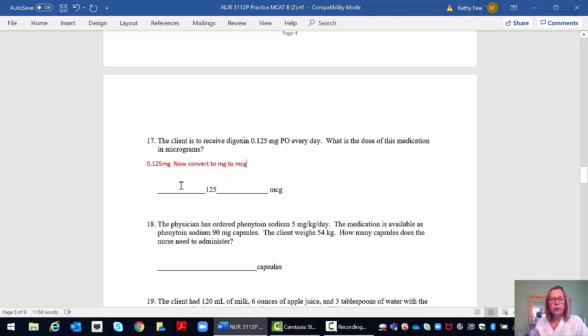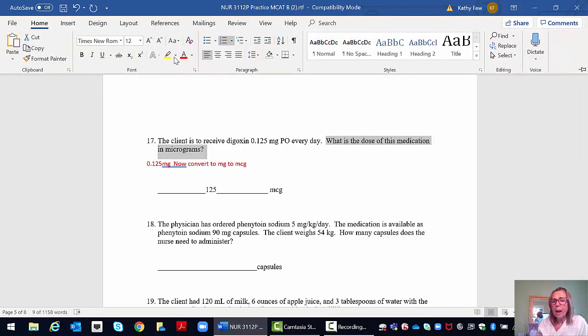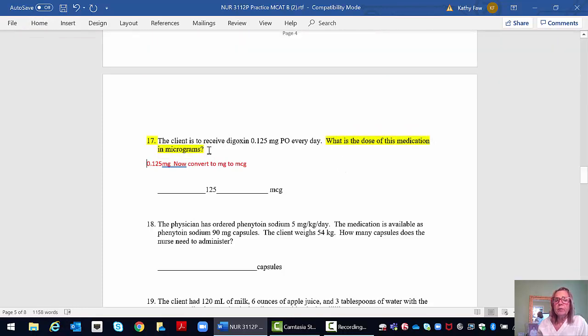So what are we going to do? We're going to convert. As you can see, we're going to move that decimal and we're going to count 1, 2, 3. And when we move our decimal behind the 5, that makes it 125 micrograms. Pay attention to all the different micrograms to milligrams and don't confuse yourself.